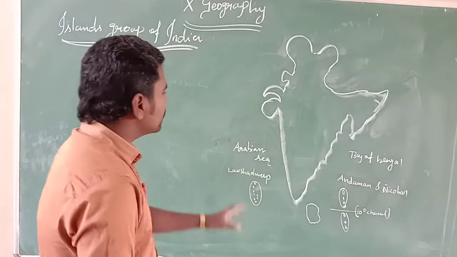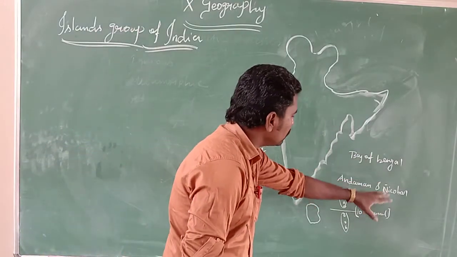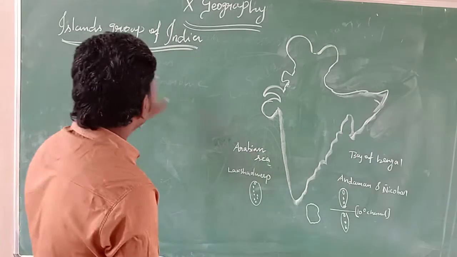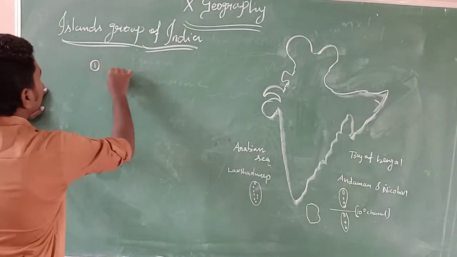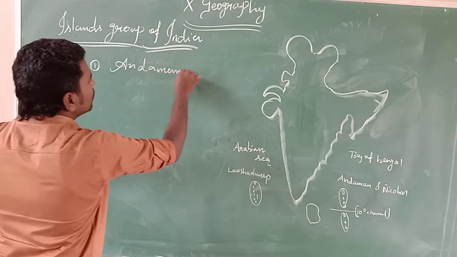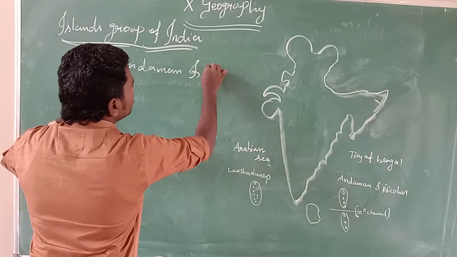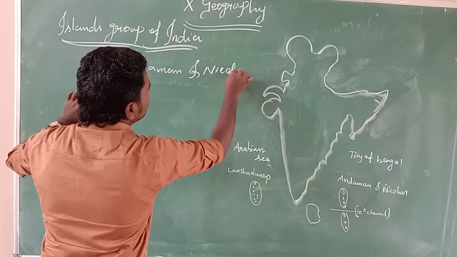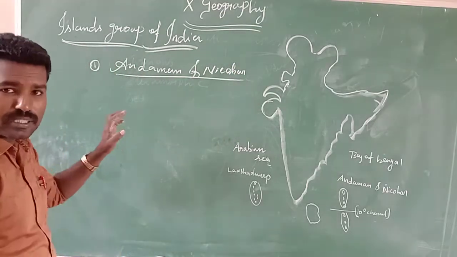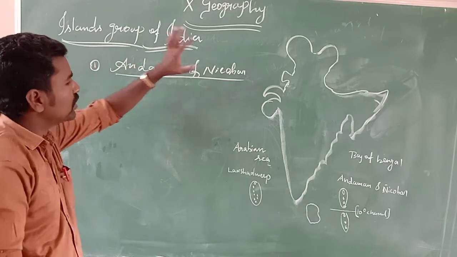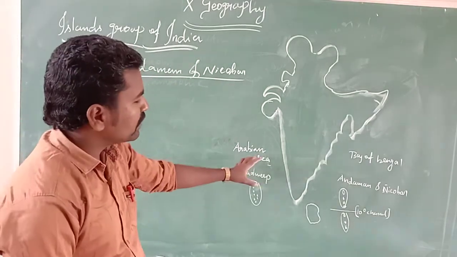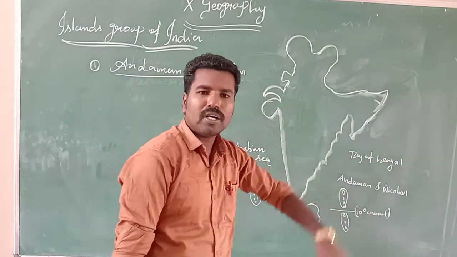So now we are going to discuss the separate islands, the Andaman Nicobar Islands. Now let us discuss only the Andaman and Nicobar Islands. First, the Andaman and Nicobar Islands are situated in the Bay of Bengal.